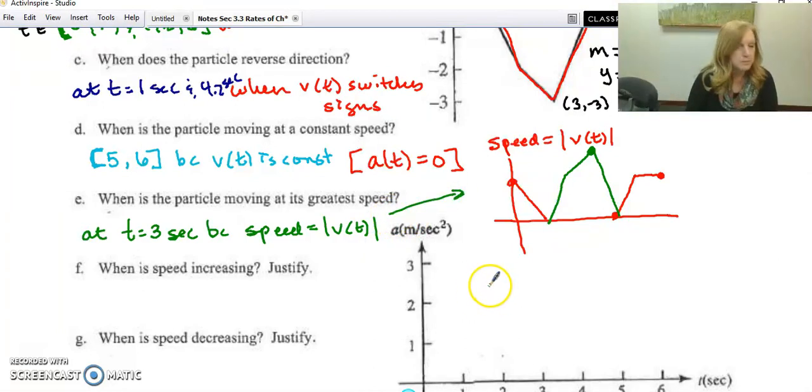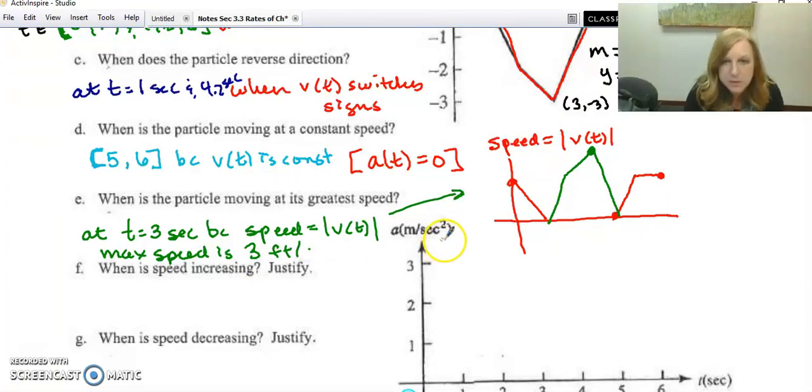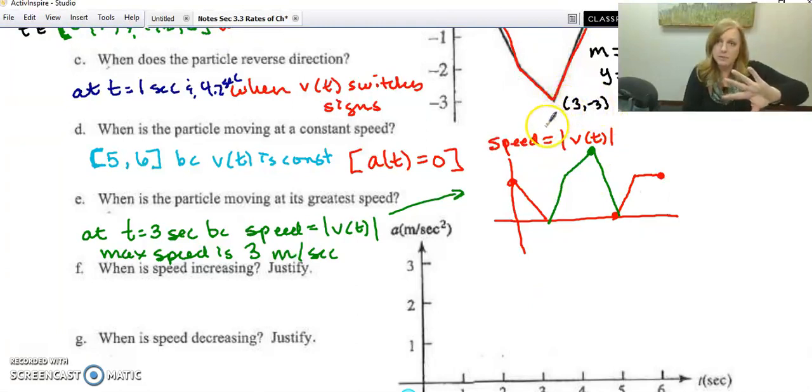Okay. And if I wanted to know what that actual max speed was, max speed is 3 meters per second. Pay attention to my units. Notice, yes, that's -3 down here, but we took the magnitude, the absolute value, flipped it up and it became a positive number.